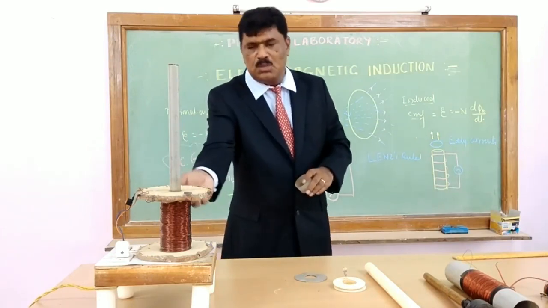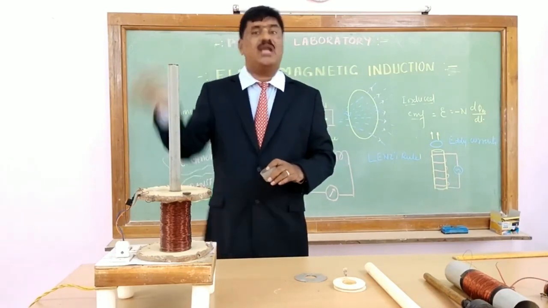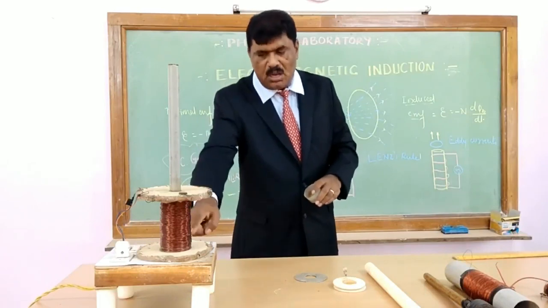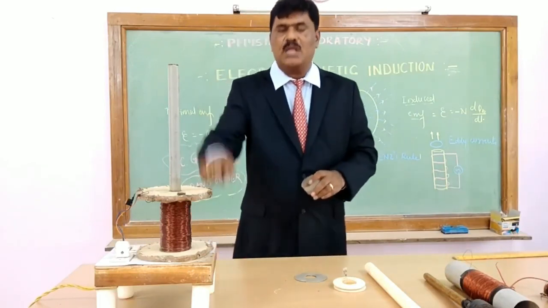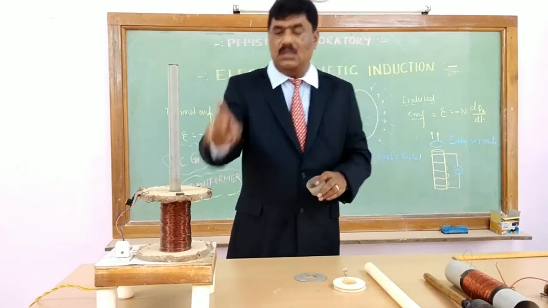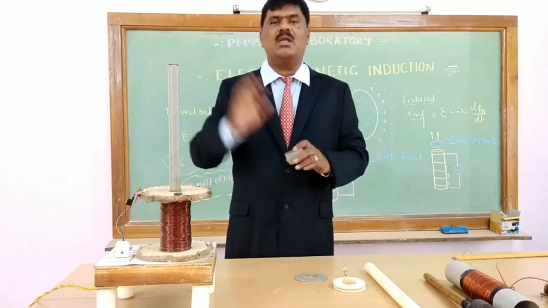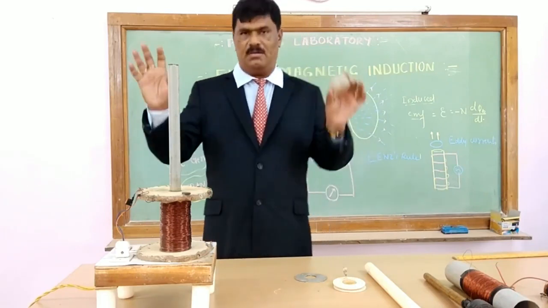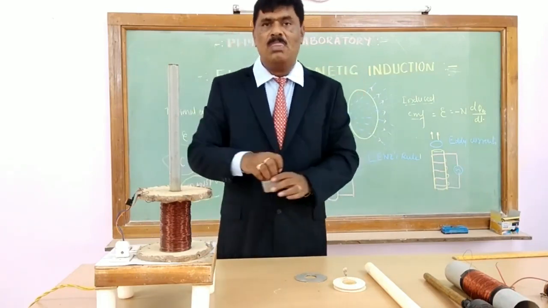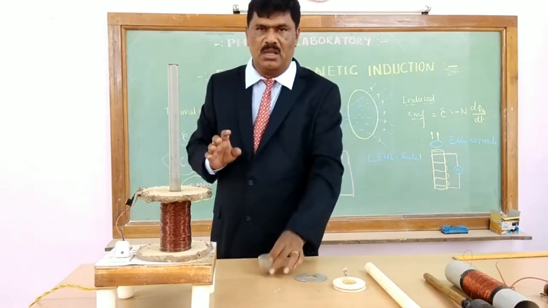Momentarily a north pole is produced, meaning the other side is a south pole, and the next moment a south pole is produced here and a north pole at the bottom. Because of that attraction and repulsion, this magnet keeps vibrating here. So that indicates there is a changing magnetic field, right? So right now I have a changing magnetic field here.